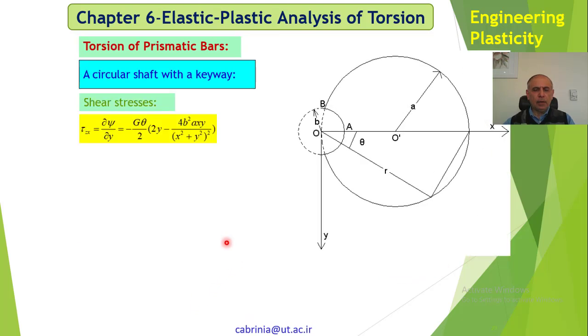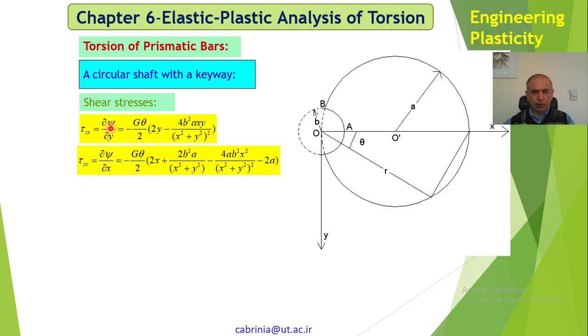And then our shear stress tau zx is equal to partial psi over partial y, and because we have psi, we could put it in here and get this relationship.